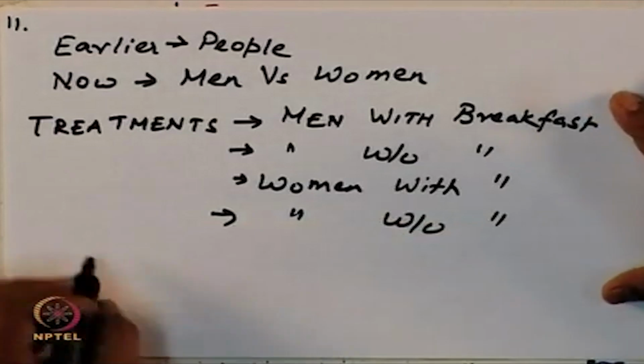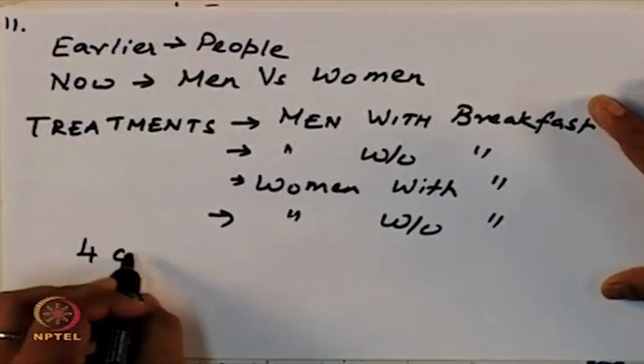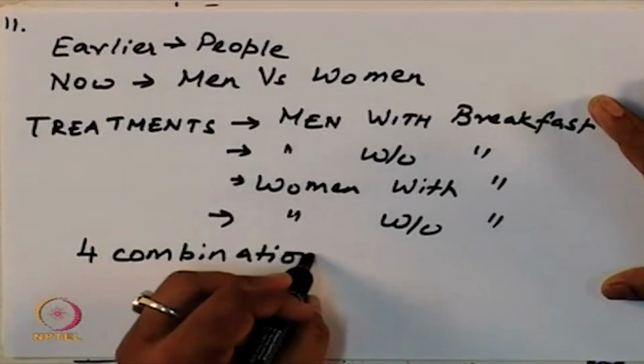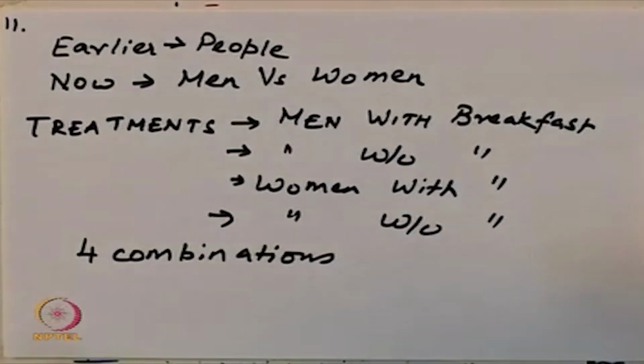So now, instead of 2 conditions, you have 4 cases, 4 combinations. Depending on your experimental plan, you might have many more experimental combinations.